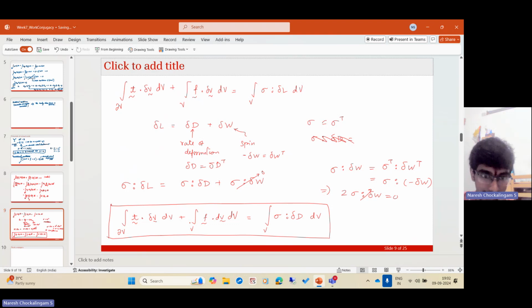The left-hand side is very clear. This is the virtual work done by the external forces, the externally applied tractions and the body forces. And the term on the right-hand side is due to the internally generated stresses.